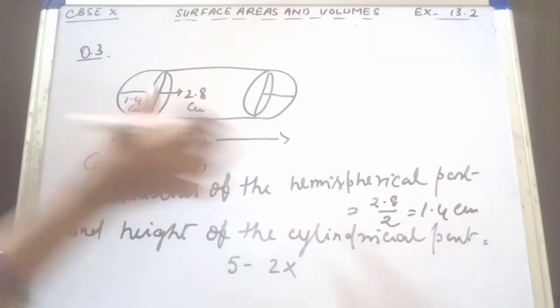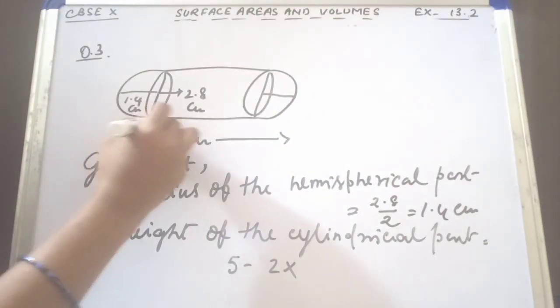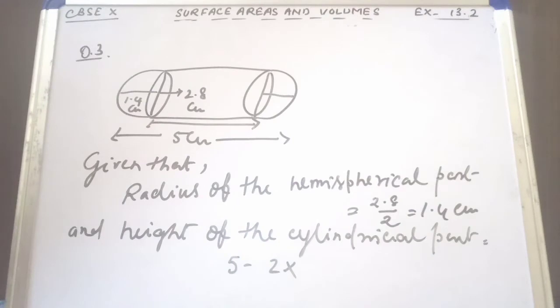Total length 5 minus 1.4 minus 1.4. This is the length of this cylindrical part. That means 5 minus 2.8, that means 2.2 centimeter. So this is the height of the cylindrical part.